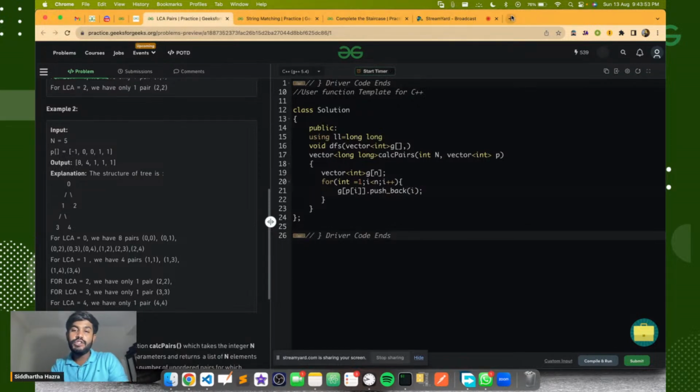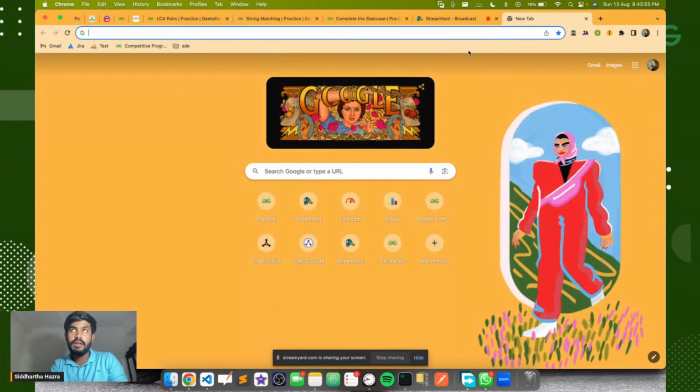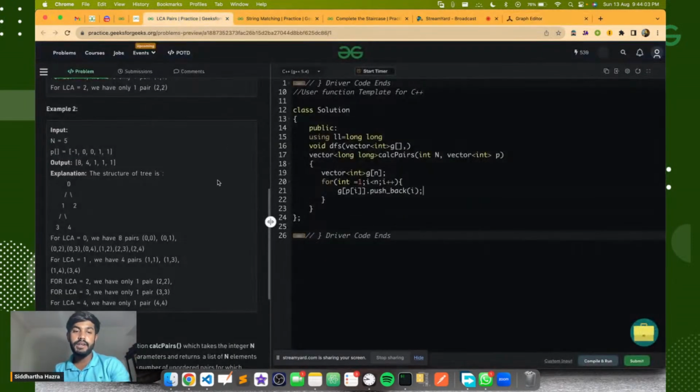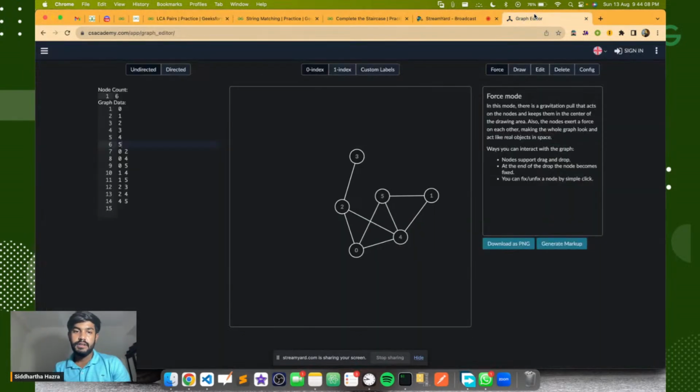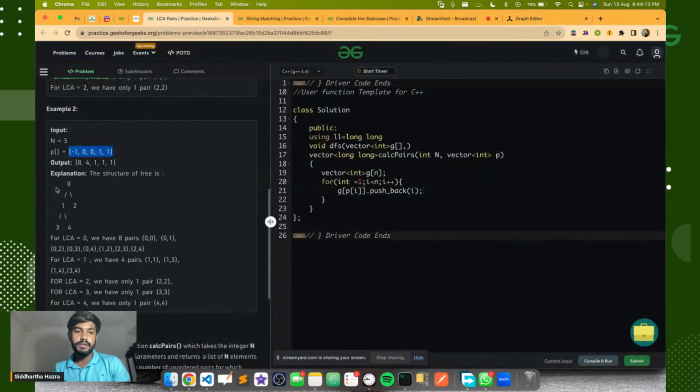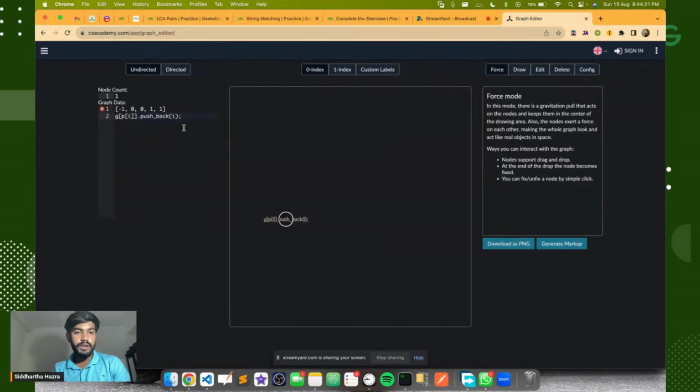Now, for those who are not able to visualize what I'm really doing, let's use the graph editor. Let's see what I'm basically doing. How am I building really the graph? So let's just take this line, and this line. Then you would understand this. Okay, so now see this with care. P of I, we would start from the second element.